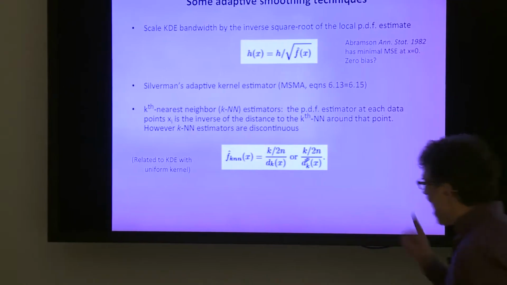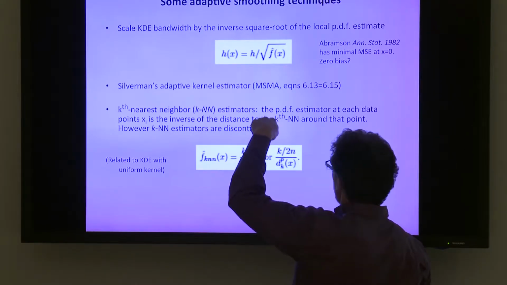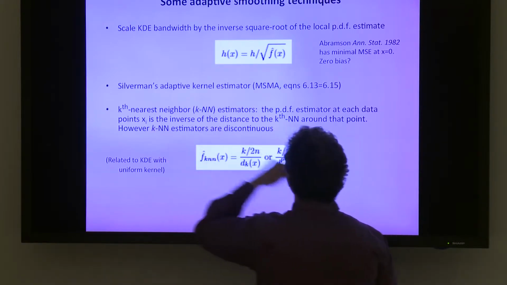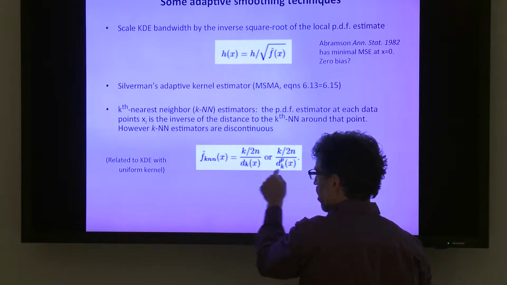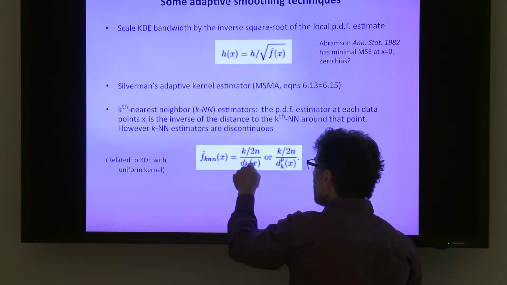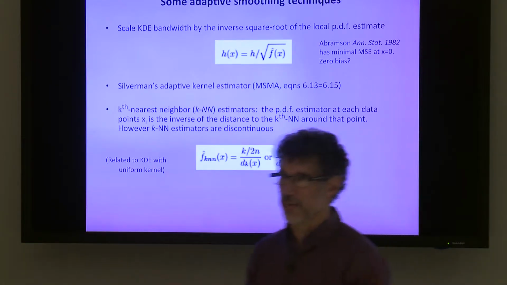And it's incredibly simple. For each value of x, just take x and microscopically go along x, find the distance to the kth nearest point, where k is an arbitrary number you make up.